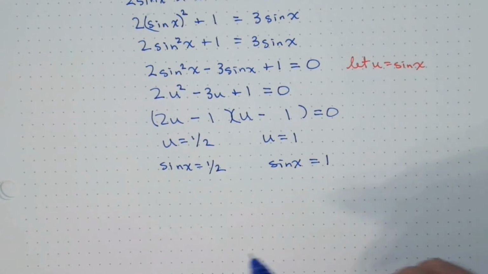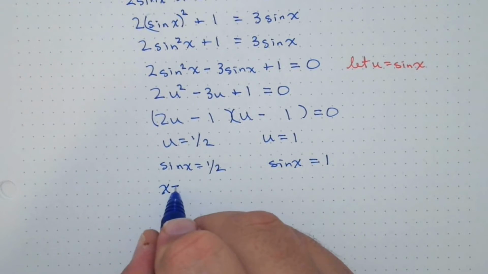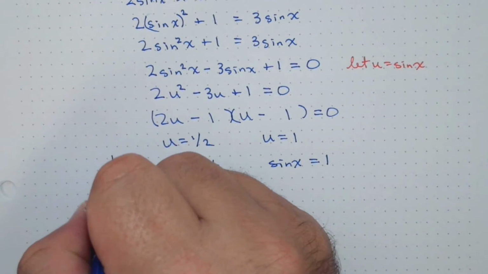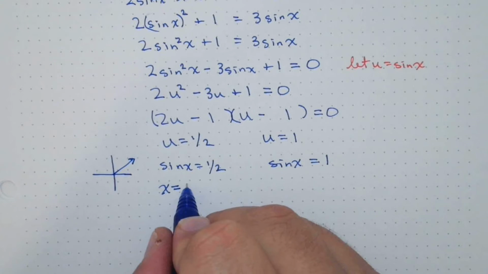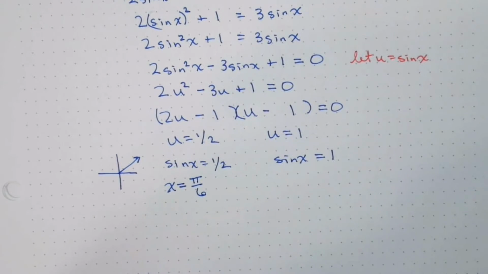And with enough practice, we should be able to solve this and say, hey, I know that x is going to be in the first quadrant. You can always draw it out, help yourself. X is going to be in the first quadrant, reference angle pi over 6. All right.